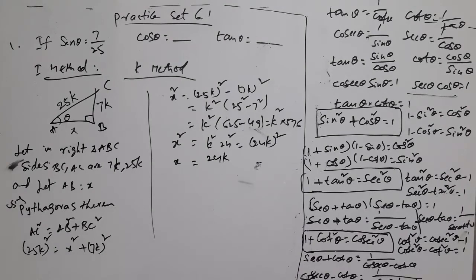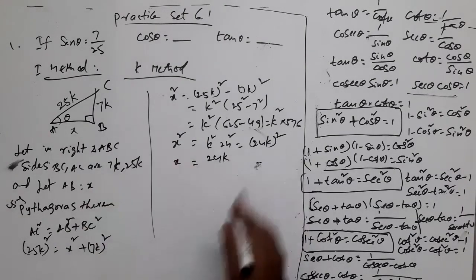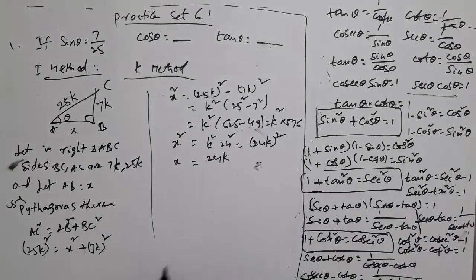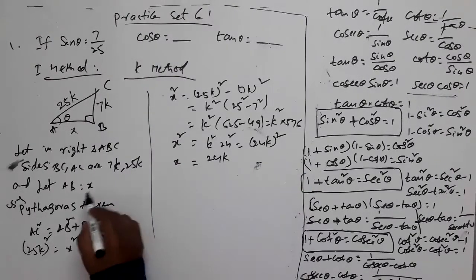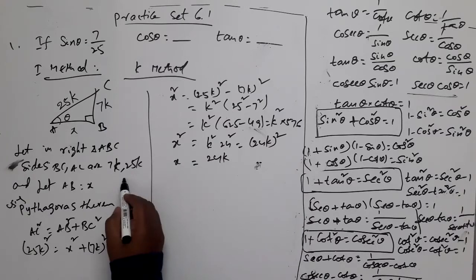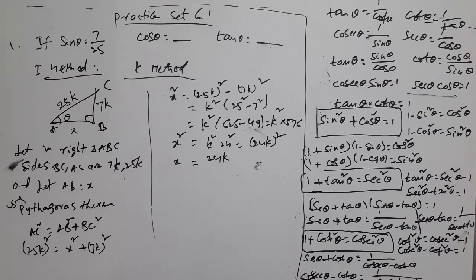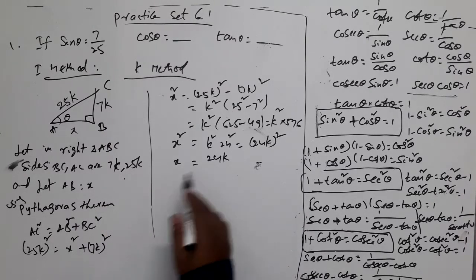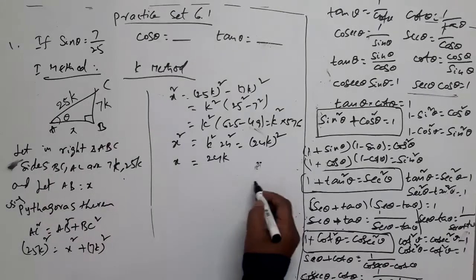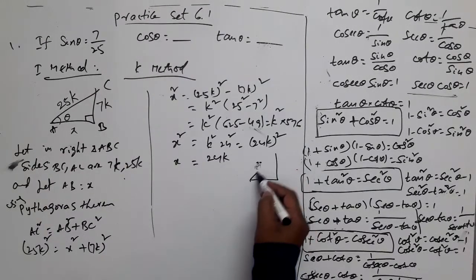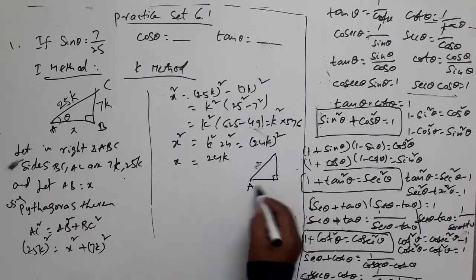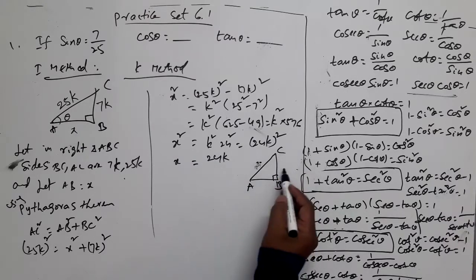Because x is the length of a side, that should be positive. So I have written 24k, not minus 24k. Of course, here k is positive value. Understood, right? So x you have got. So third side, in this way, the third side is found out, right?